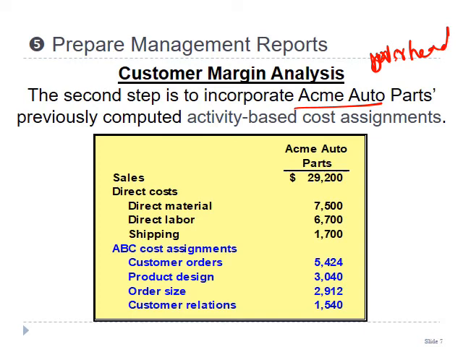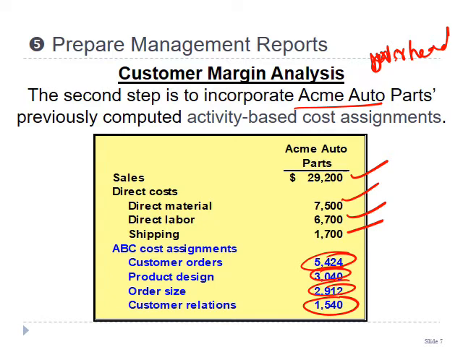So here this customer's sales are 29,200, and direct material cost, these are our given data. This we just calculated in our previous slide. Because this is one customer, the customer relation cost is $15,040.